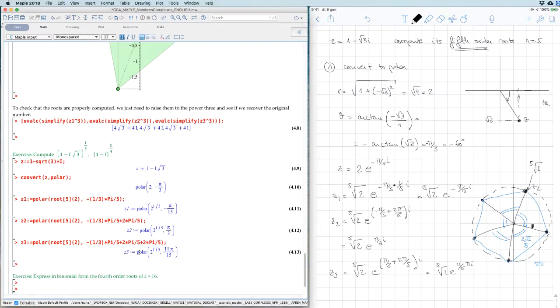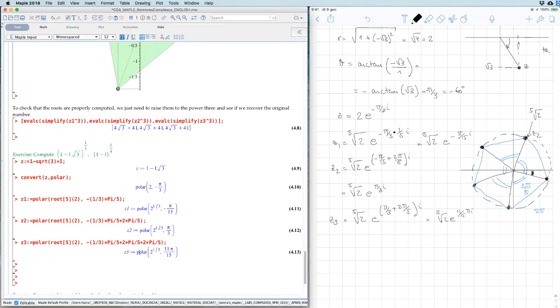This is still an angle which is given in its principal form. Let's do z4. It is going to be the fifth root of the previous argument plus again 2 pi over 5.